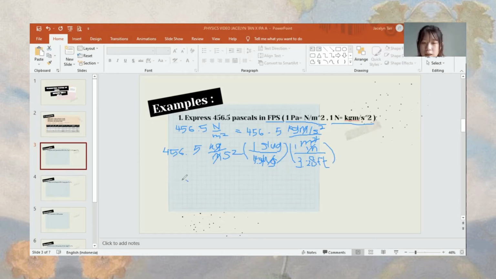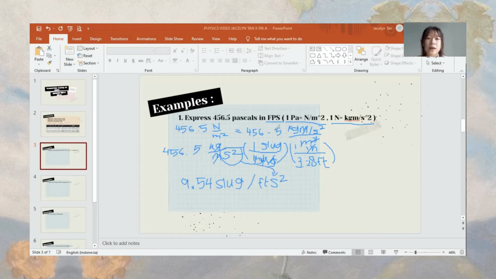So we will get 9.54 slug per feet second squared, because the second squared comes from here.